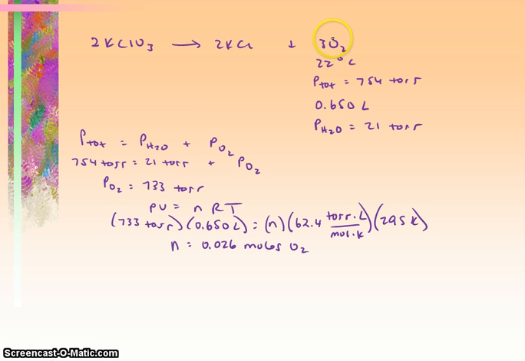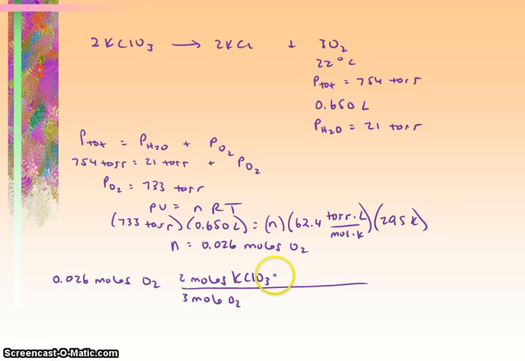Now, we can do a stoichiometry problem. If we have moles of oxygen gas, we can figure out moles of potassium chlorate. And if we know moles of potassium chlorate, we can find out the grams of potassium chlorate. So if we produced 0.026 moles of oxygen, our balanced equation tells us that we produce 3 moles of oxygen for every 2 moles of potassium chlorate that decomposes.